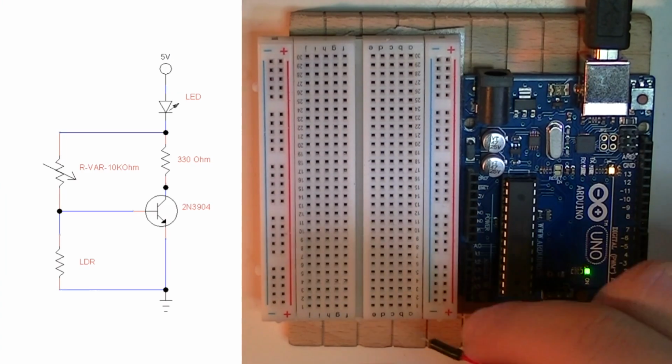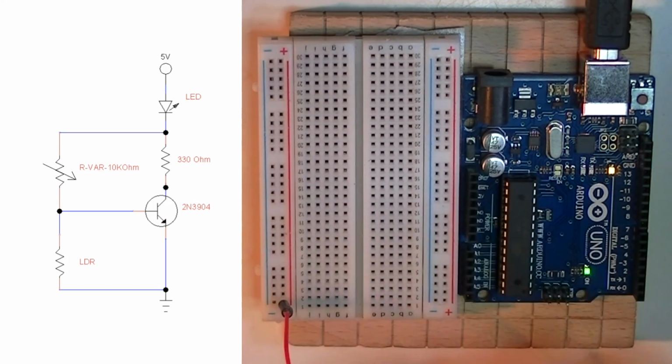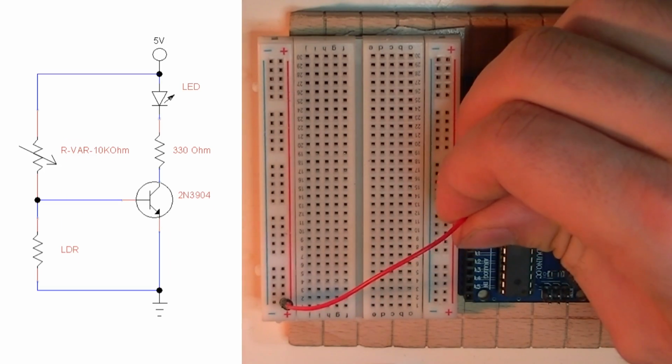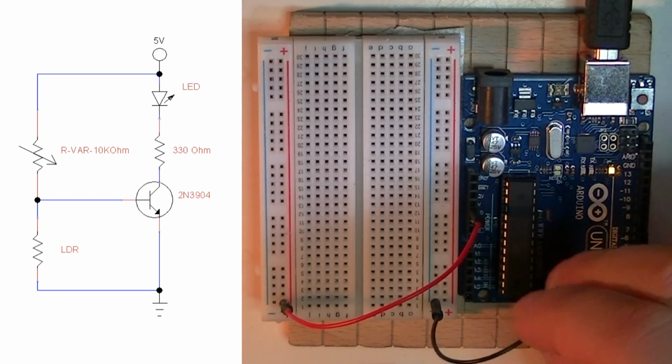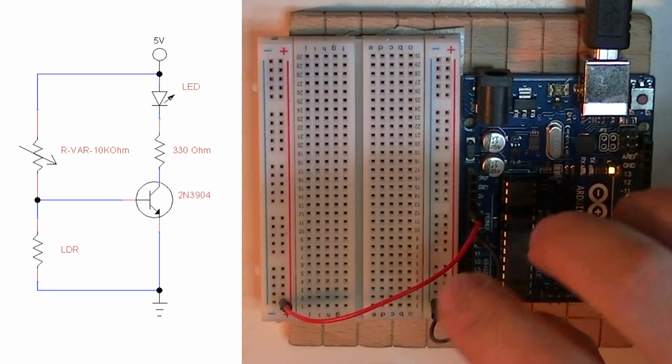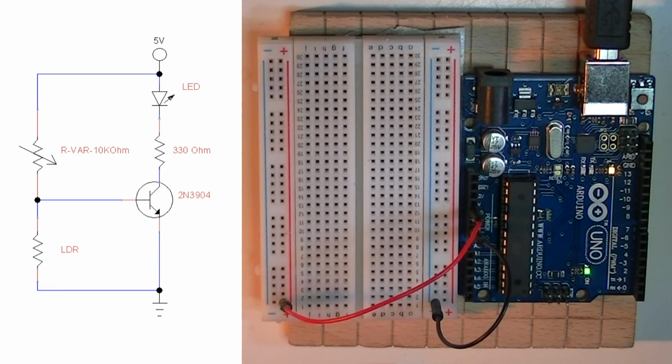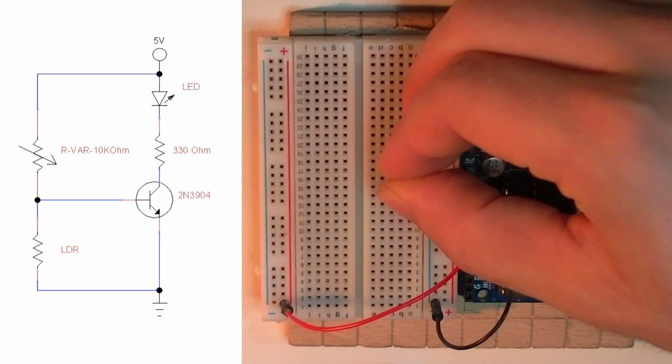So we get started the normal way. We connect our red rail to 5 volts and our blue rail to GND. Then we get our little transistor into the board, somewhere in the middle.